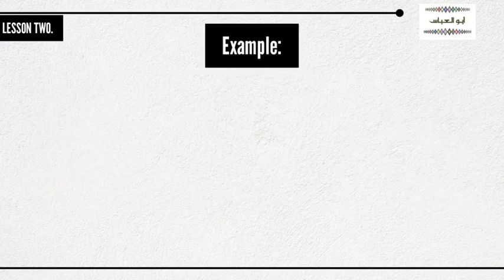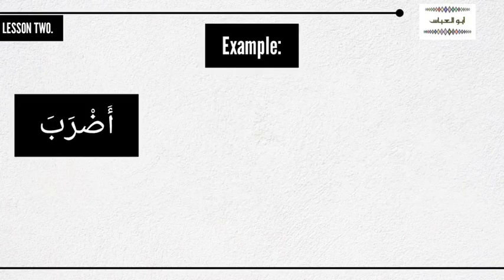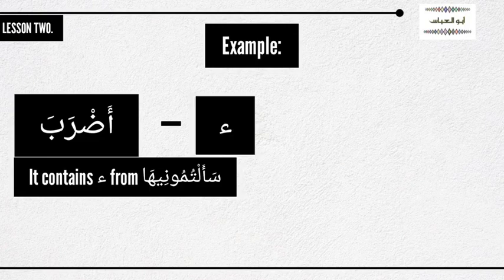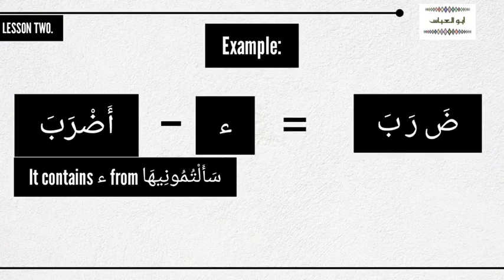For example, the verb adroba. Firstly, if I look at adroba, I would have seen that hamza is there. And hamza is from sa'altumuniha. So hamza is from the letters that are used as additions for a particular kalima. So if I take out hamza from it, I have da, ra, ba left.